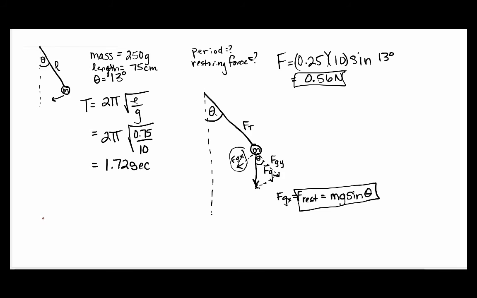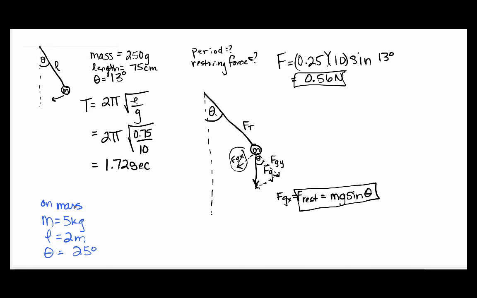Okay, so how about you try one yourself? Let's say that you have a pendulum that has a mass of 5 kilograms. It has a length of 2 meters, and theta, or its angle, is 25 degrees. And let's say that it is on Mars.